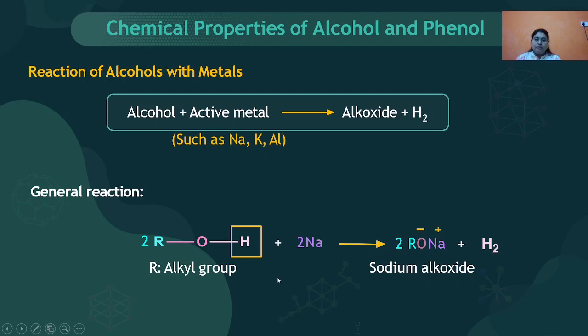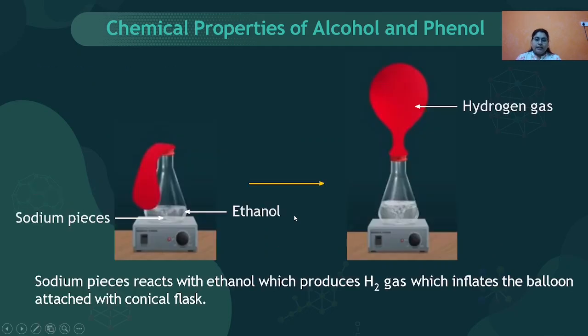So 2 moles of alcohol treated with 2 moles of sodium form sodium alkoxide, and hydrogen gas is liberated. This is how alcohols react with metals. Alcohols can also react with other active metals like potassium and aluminium as well.